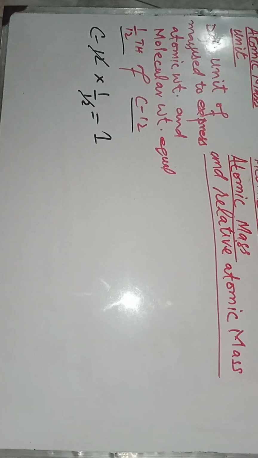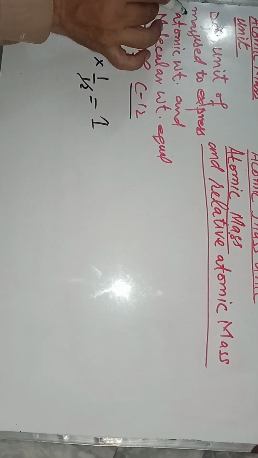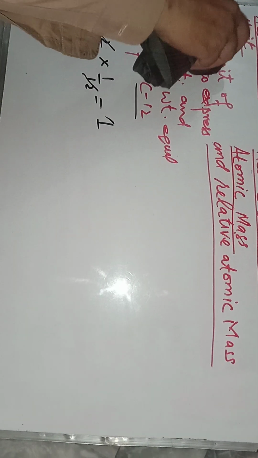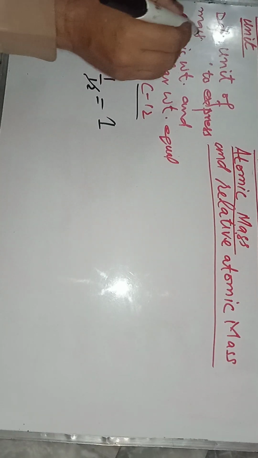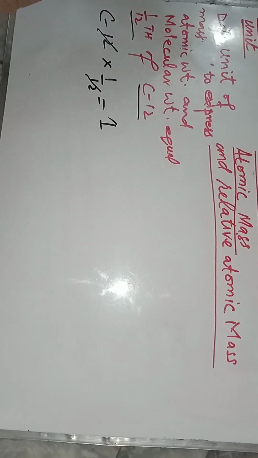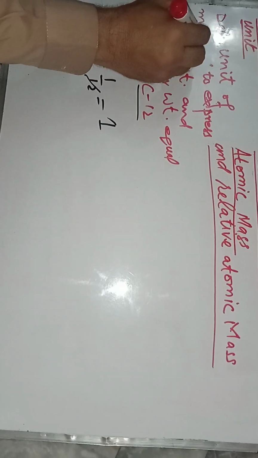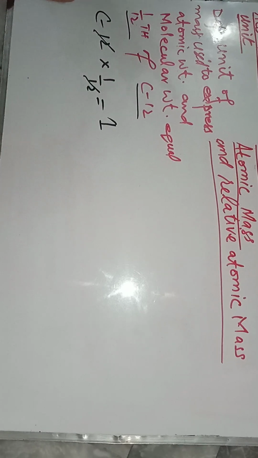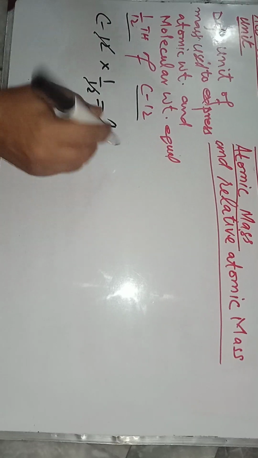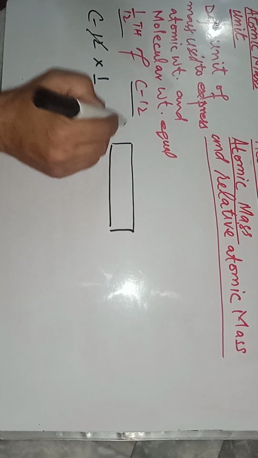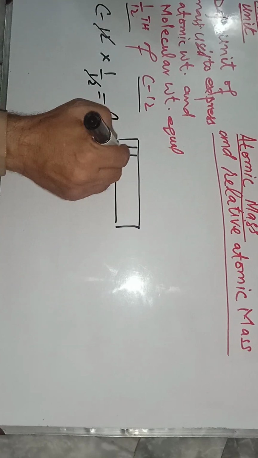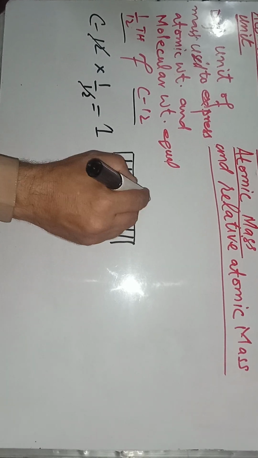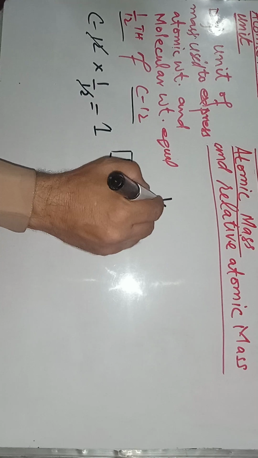Let me define the atomic mass unit: a unit of mass used to express atomic weight and molecular weight, which is equal to 12th of carbon 12. For example, we have a carbon. We are dividing it into 12 equal parts, so each part will be equal to 1/12.